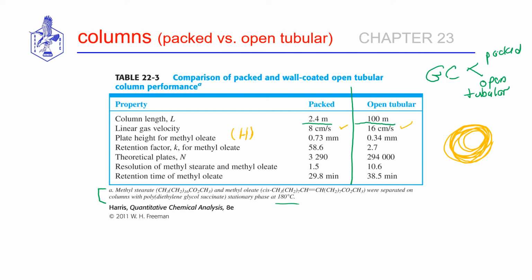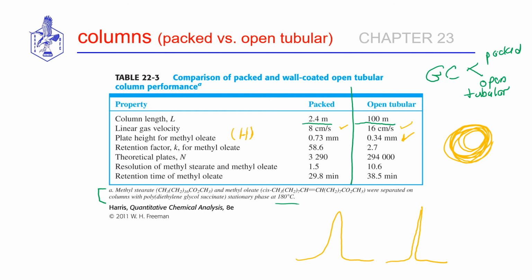For a packed column, it has 0.73 millimeters per plate, and in the open tubular, it's smaller, 0.34 millimeters per plate. Therefore, we get better, smaller peaks. So comparatively, if a peak coming off the packed column looked like this, the peak coming off the open tubular is going to be more narrow and less prone to overlap with another species.